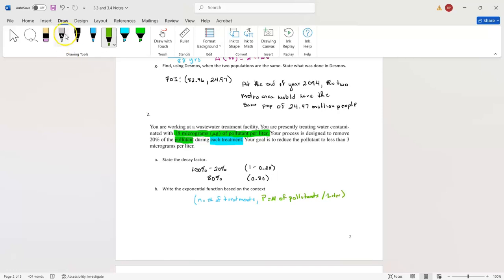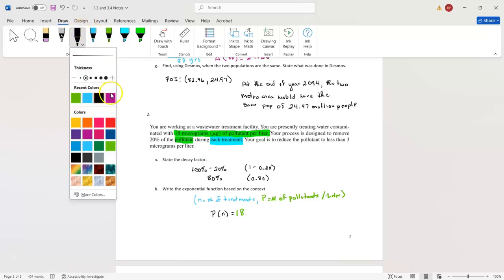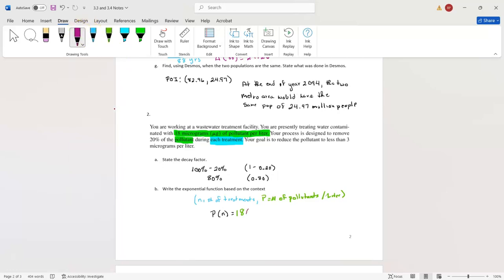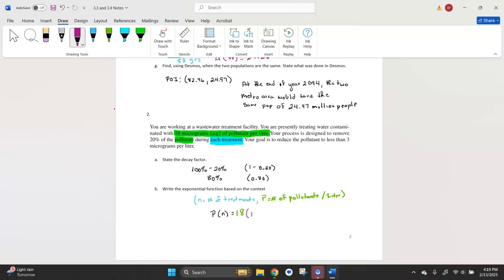So our function will be P of n. We want the initial amount, which is 18. That's our vertical intercept amount. We need the factor, and our factor is 1 minus 0.20, or we could simplify that and just do 0.80, and then we're going to raise that to the nth power.